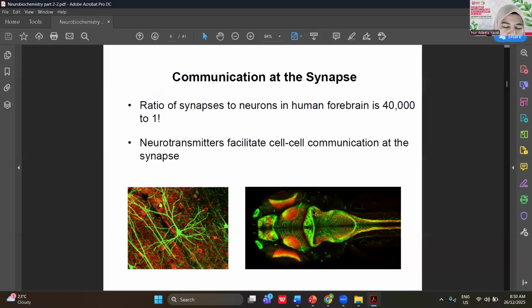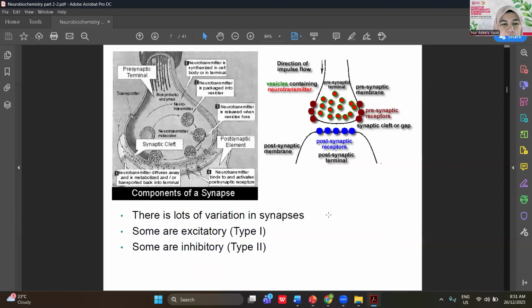We know that neurotransmitters play a very critical role in facilitating communication between cells at the synapse. You can see from the image an intricate structure of neurons and synapses, highlighting their connectivity and interaction in the nervous system.